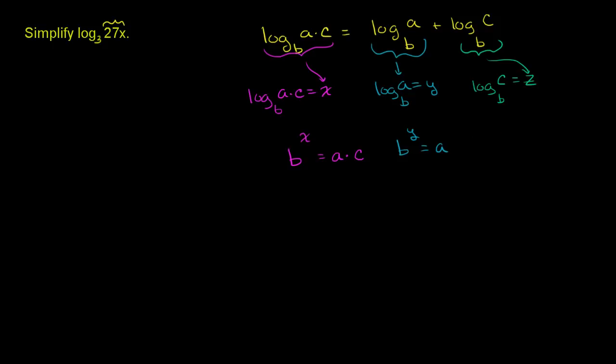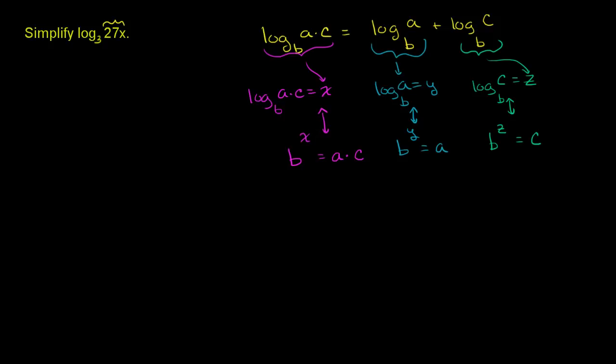So I'm just writing the same truth as an exponential equation instead of a logarithmic equation. So b to the zth power is equal to c. This is the same statement, or they're the same truth said in a different way. And this is the same truth said in a different way.